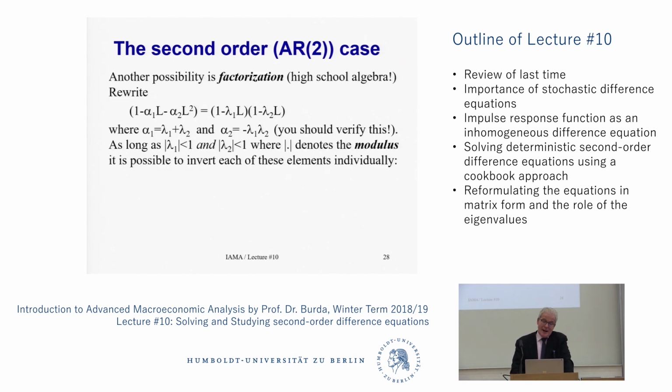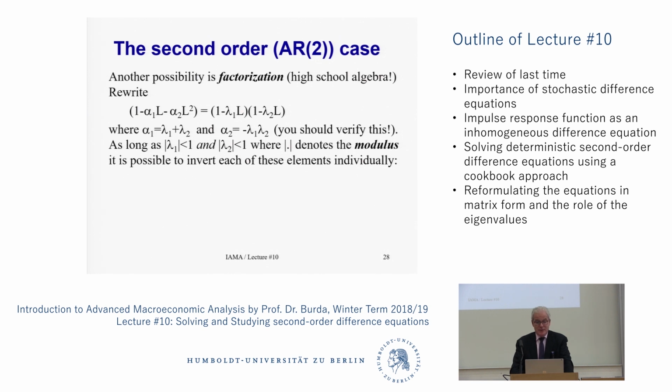So it means basically writing the left-hand side of that equation in the right-hand side form. I give you the model, you solve for alpha 1 and alpha 2, and there's a unique lambda 1 and lambda 2 that makes that work. It's called factorization. And you can see that in this particular case, it's easy to express alpha 1 and alpha 2 in terms of lambda 1 and lambda 2.